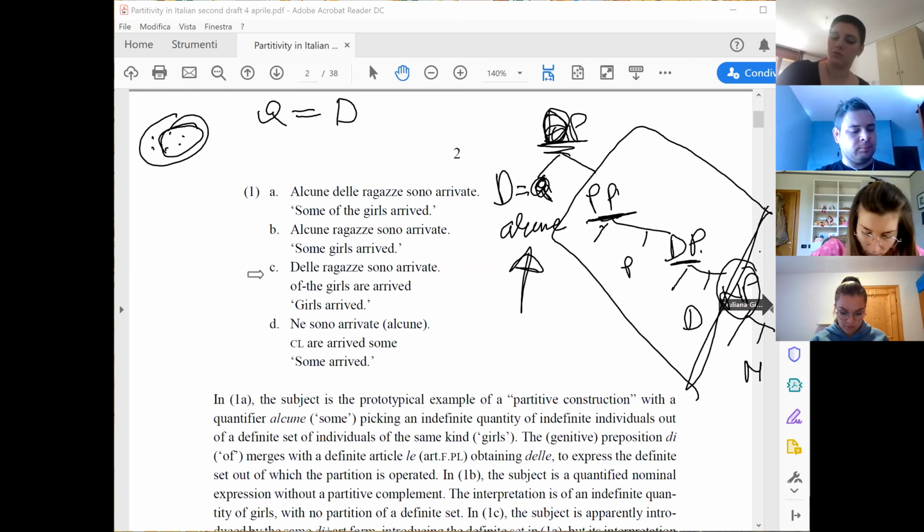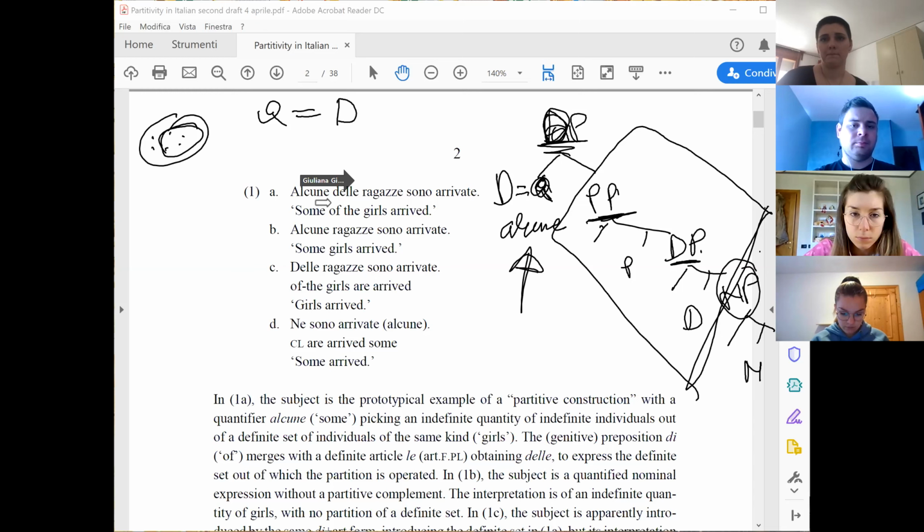So, but let's say there is this phenomenon in Italian that can be reduced to this preposition, okay?